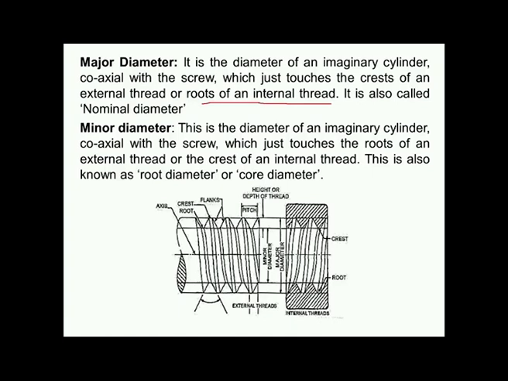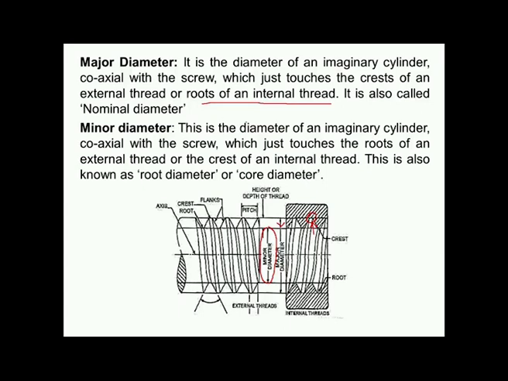In case of internal thread, you can see these are the roots and this is the root. Now, the distance between the root here and the root at this place is the minor diameter, and the distance between crest to crest is the major diameter.